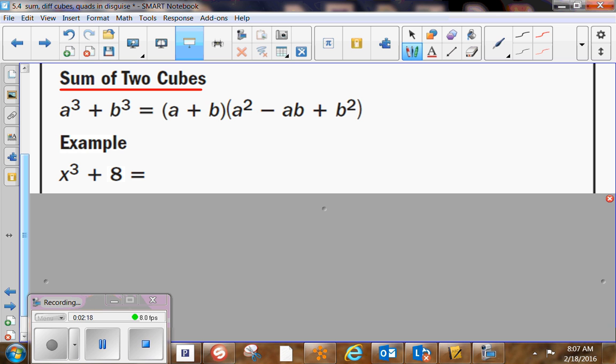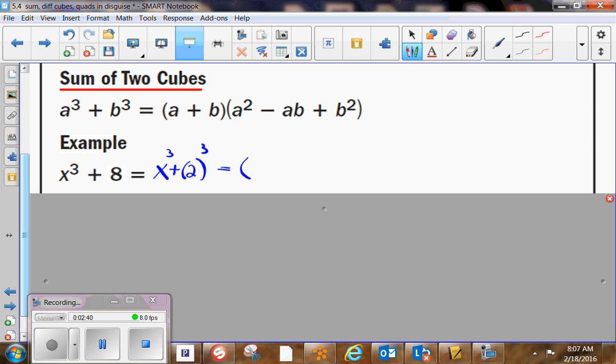This guy is already x cubed, we're good with that. But now I'm going to write 8 as 2 cubed. I need to put in that step because now I see that my A is x, my B is 2. The B is not 8, it's the cube root of 8.